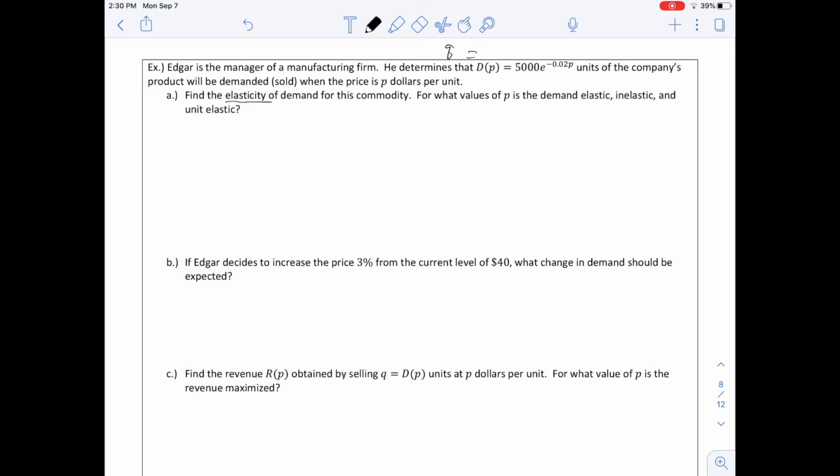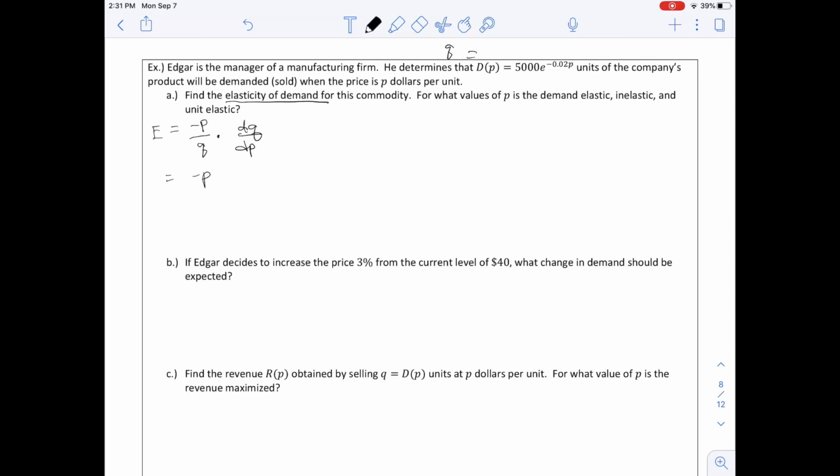So the first thing we need to do is find the elasticity of the demand. So this is back from previous units. In order to do that, go back and look for your formula, and I'll write it down for us. It's going to be negative p divided by q times dq dp. So from here, we need to find our derivative, dq dp.